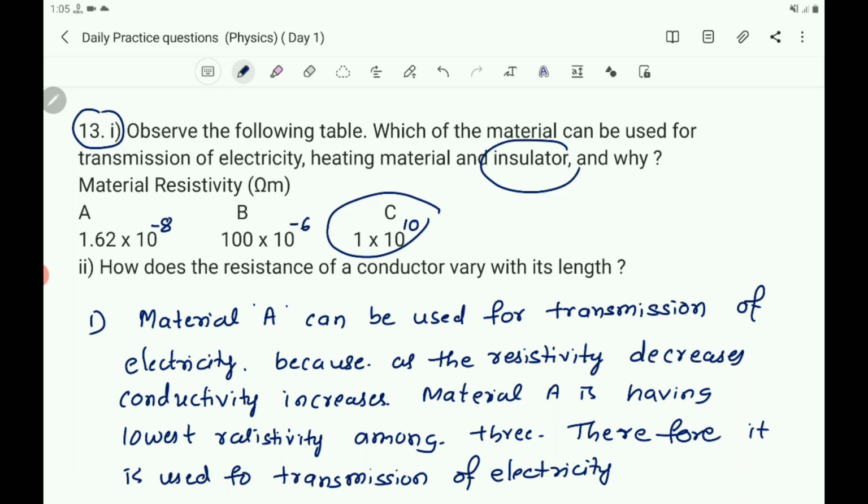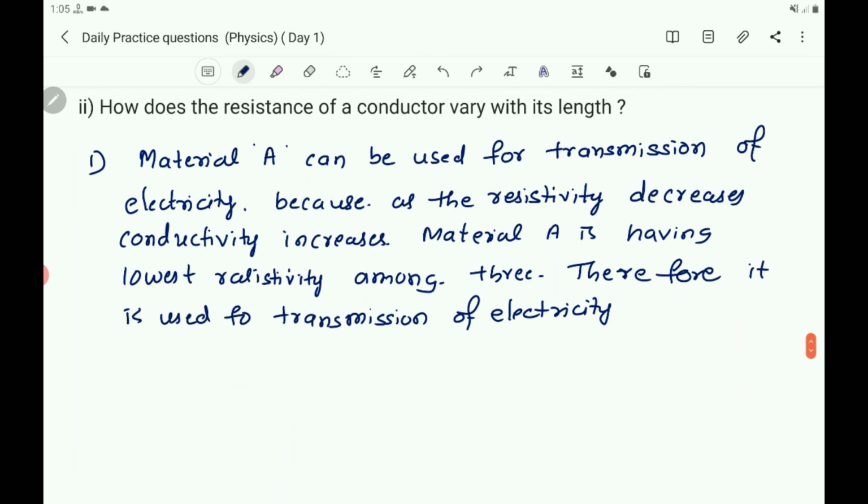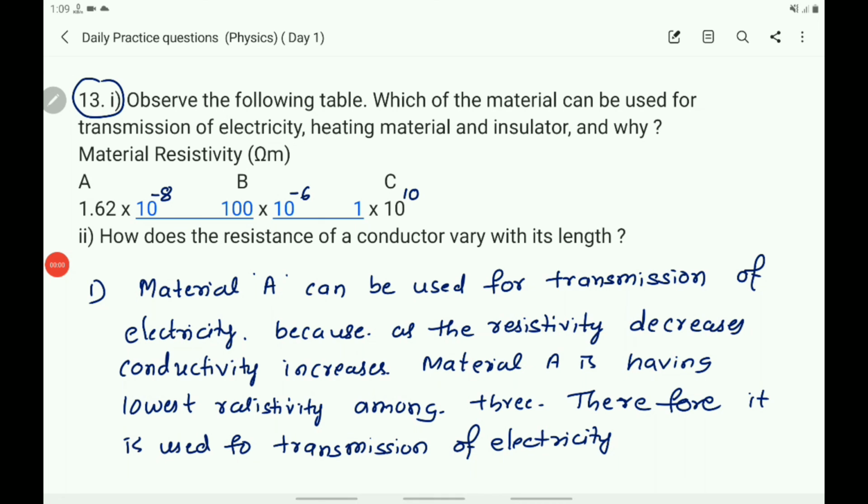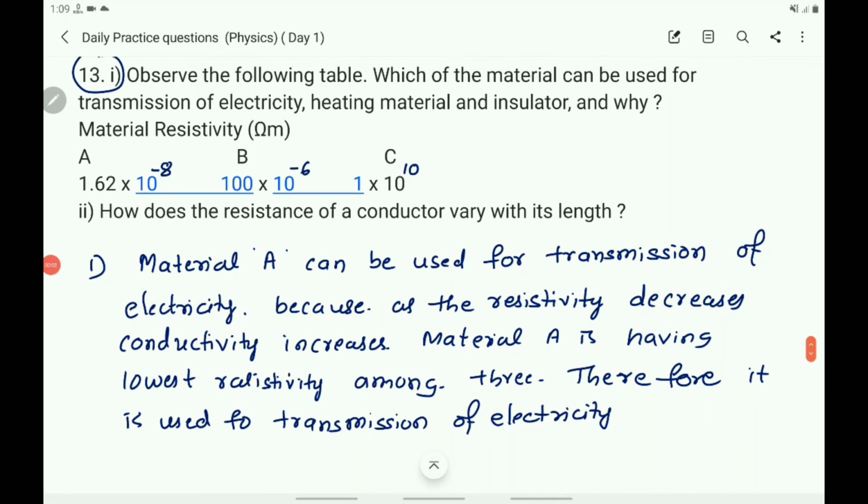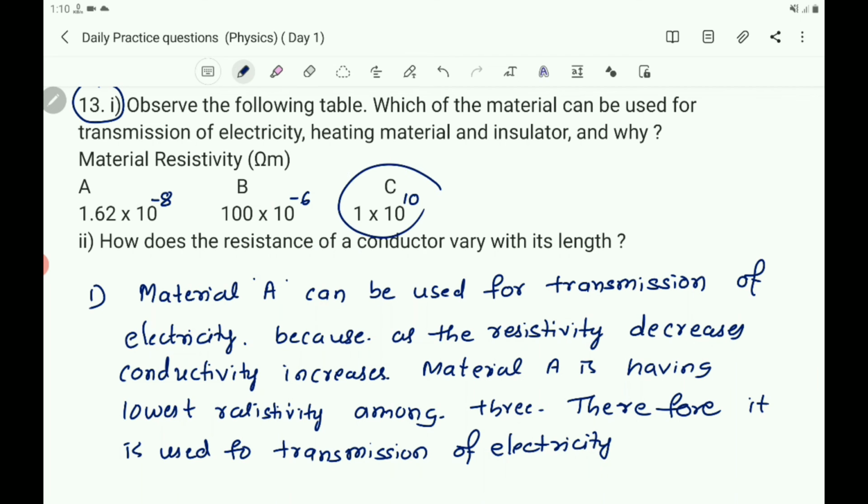Material B has moderate resistivity, so it can be used as a heating material. So you write that material B is used as a heating material and material C is used as an insulator.